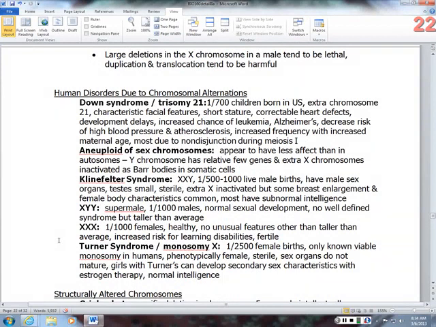They'll have heart defects that a lot of times can be surgically corrected in there. Some developmental delays. They have quite an increased chance of leukemia in there that will go with that. They also have a greater risk of Alzheimer's at an earlier age in there, so Alzheimer's can occur far earlier in somebody with trisomy 21. But they have decreased risk of high blood pressure and atherosclerosis.